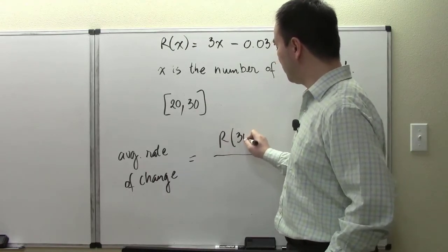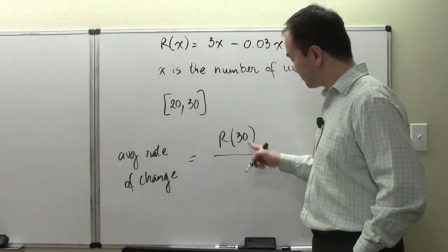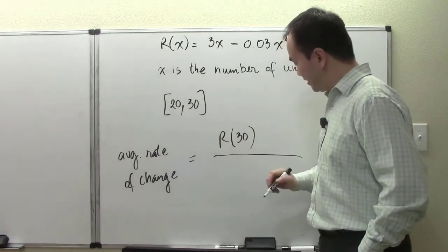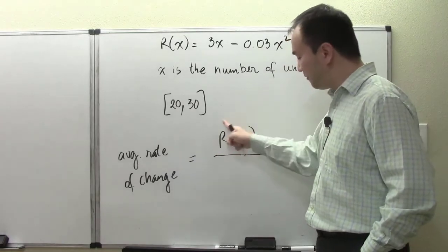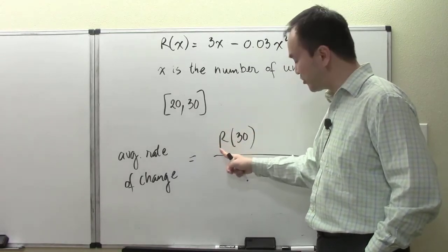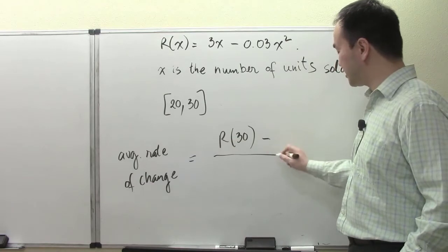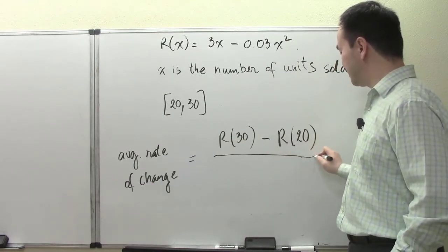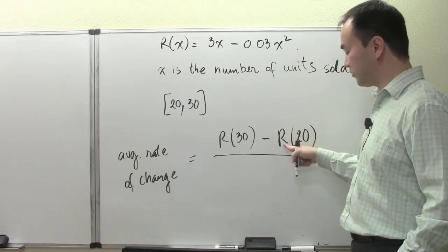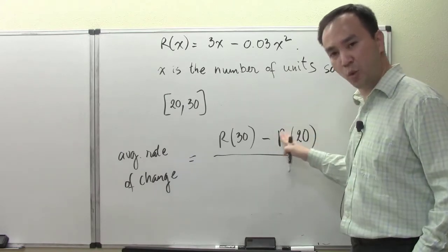Revenue when we're selling particularly 30 units. In strict math terms, this is the final output value of our function R, and we're subtracting R at 20, meaning the revenue when we're selling 20 units.